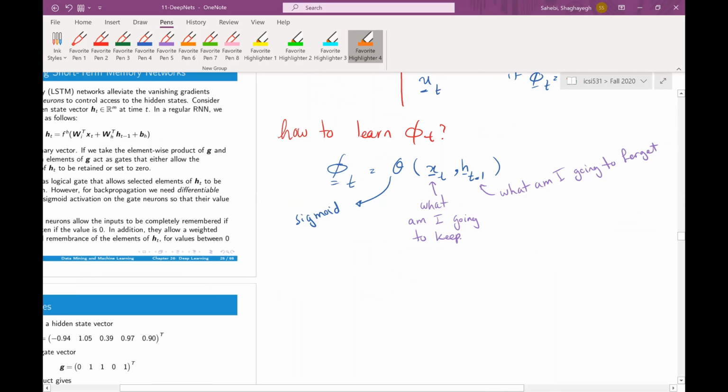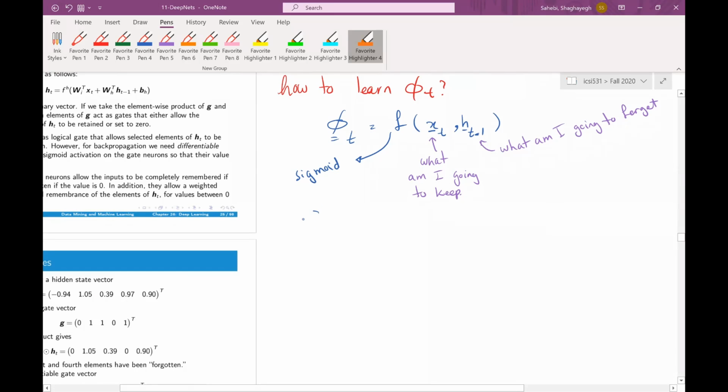But how is this going to be applied? So actually, this is a function for now that we know depends on sigmoid. The actual function with all the parameters and all is like this. It's the sigmoid of, now we have a set of parameters for xt, w phi I transpose xt plus a set of parameters for the ht minus 1, w phi h transpose h of t minus 1 plus, well, a bias for it.